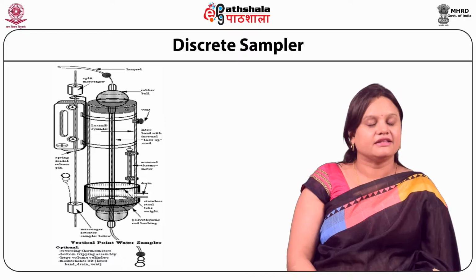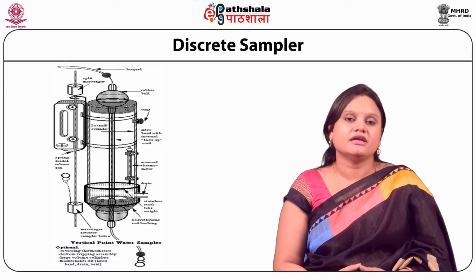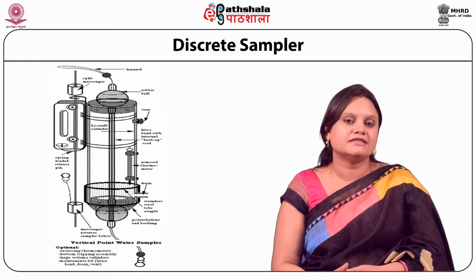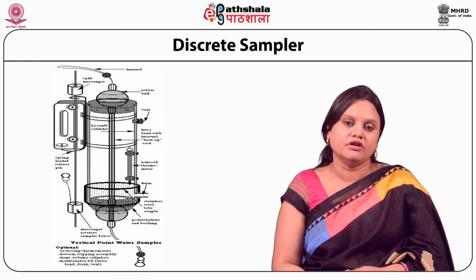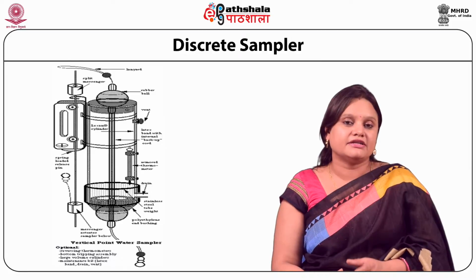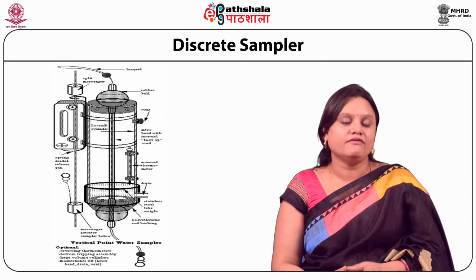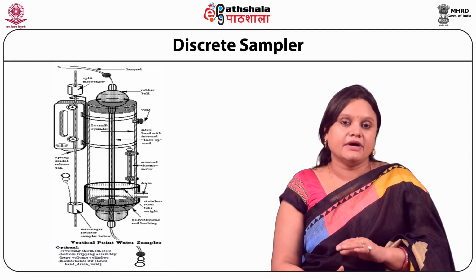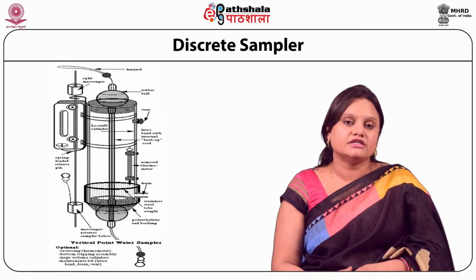This is the picture of the discrete sampler. Here we can see that the container used in the discrete sampler is made up of glass or polyethylene, and this sampler is particularly used when we want to collect the sample from the depth of the water body. The upper lid is attached with a spring.